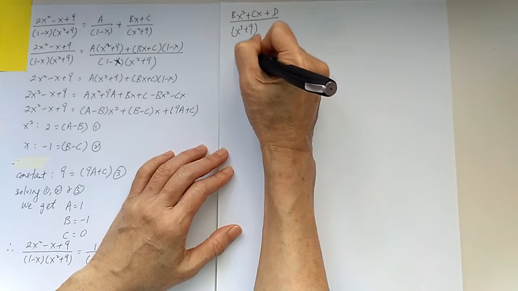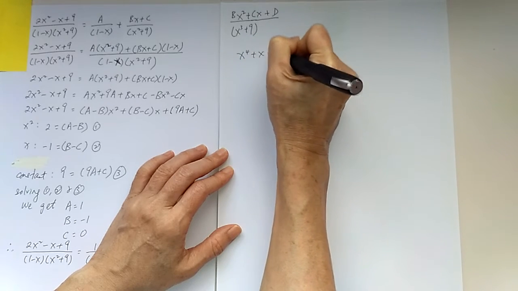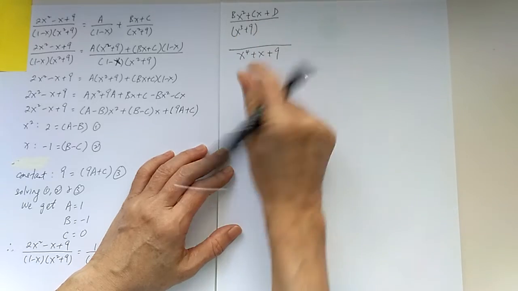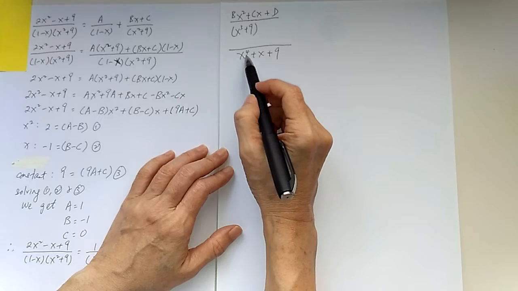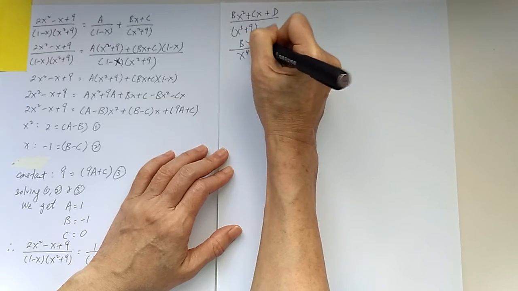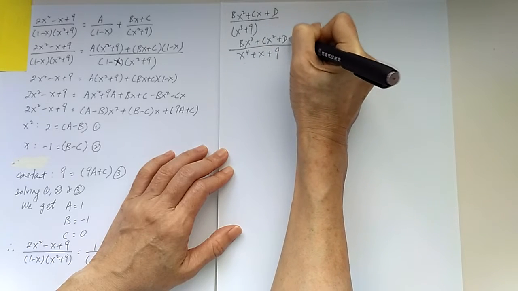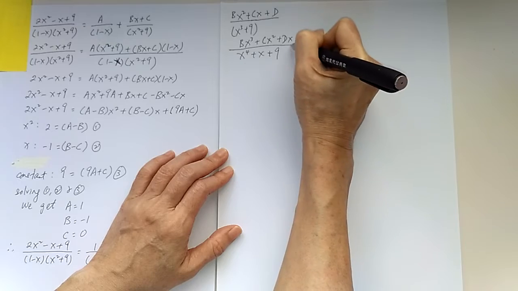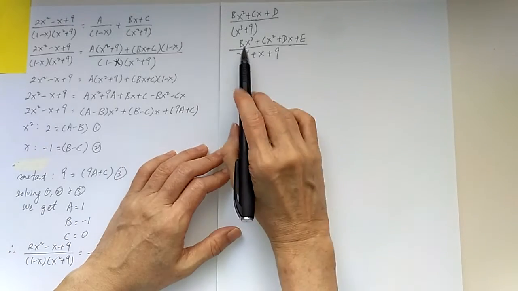Because if, say for example, the highest power is x to the power of 4, I just make up an expression, the top one order lower will be Bx cubed plus Cx squared plus Dx plus E. Okay, must be in descending order. You can't miss out any.